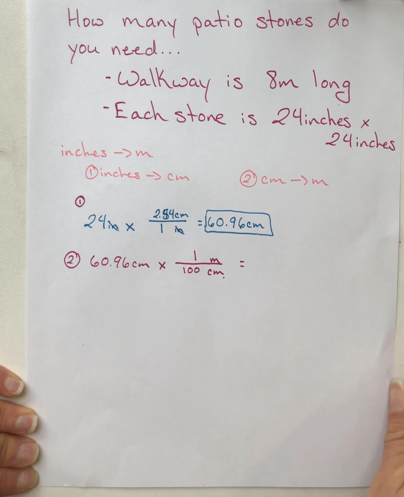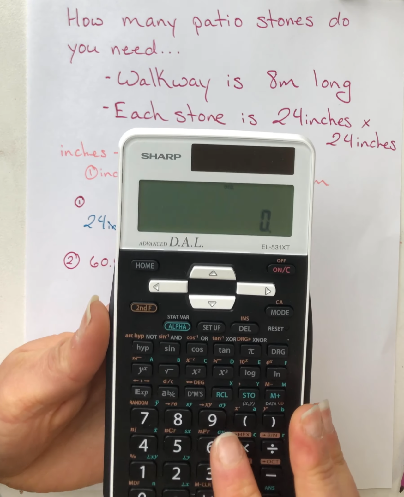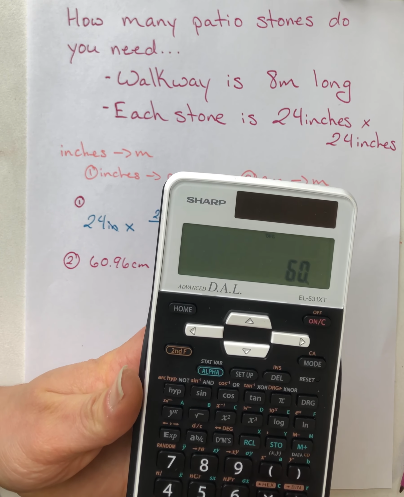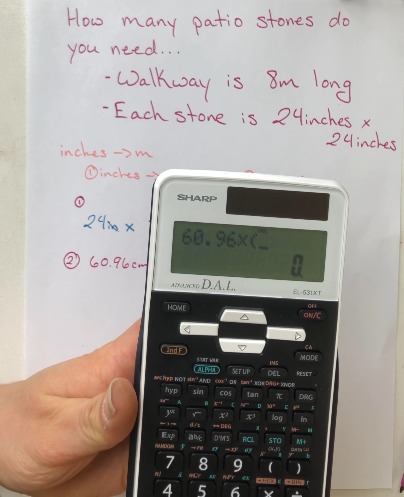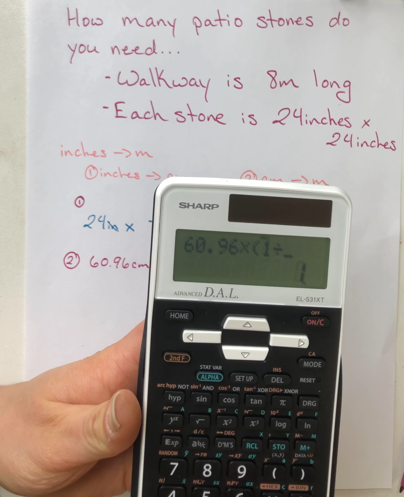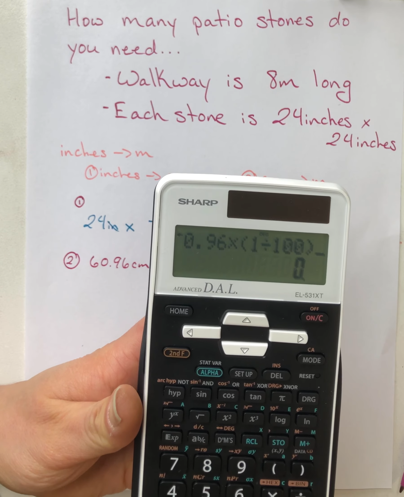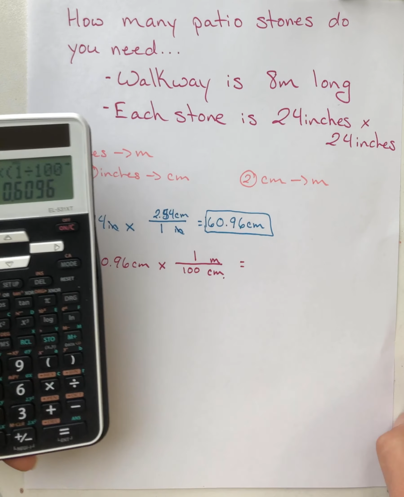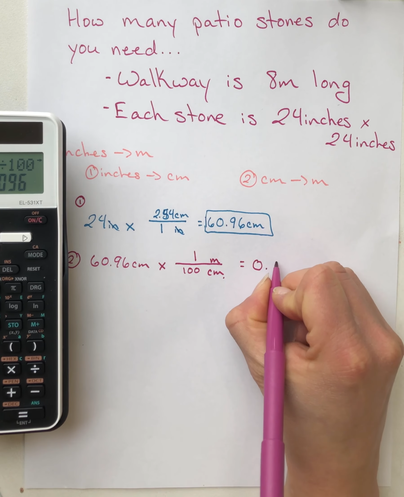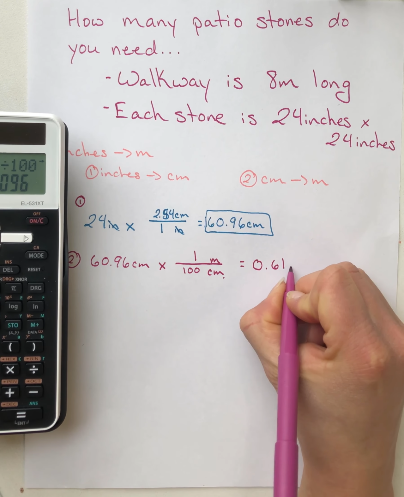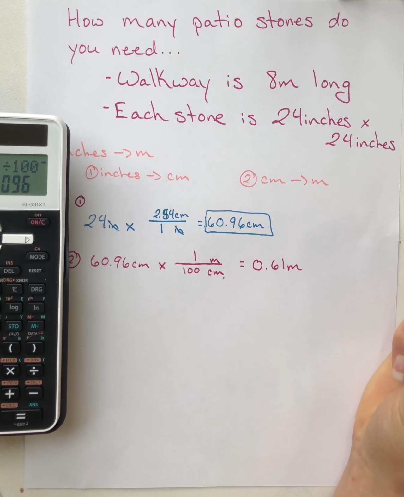So I'm going to put this in my calculator: 60.96 times, in brackets, 1 divided by 100. Then I hit the equal sign, and I round it, so I get 0.61 meters.